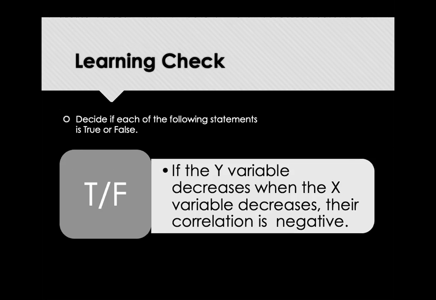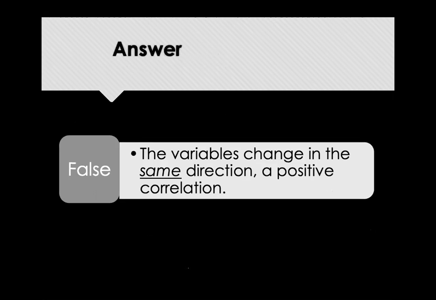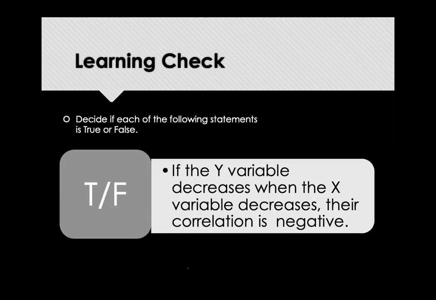If the y variable decreases when the x variable decreases, their correlation is negative. True or false? I'll give you a second there if you want to pause your video. This is false. So to the extent that I ever give you guys a trick question, this is it.